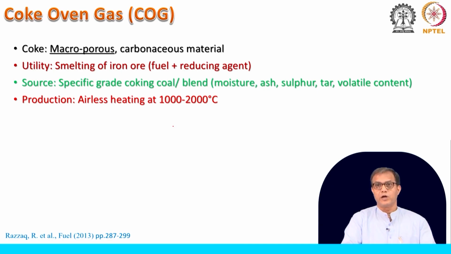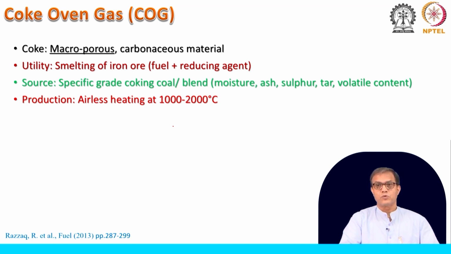All the volatile components in the carbonaceous material or the coal will come out in the form of gas, and whatever remains is the carbon, and that solid remnant is the coke.